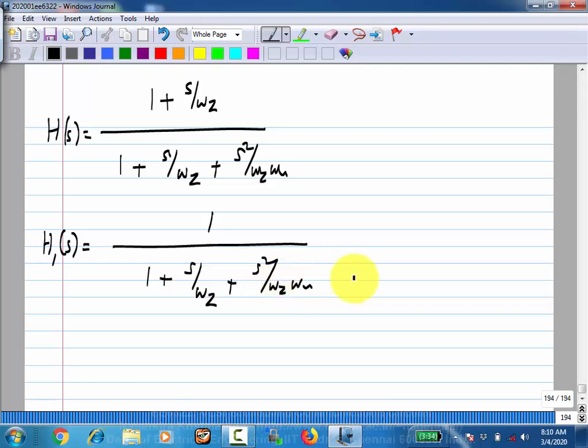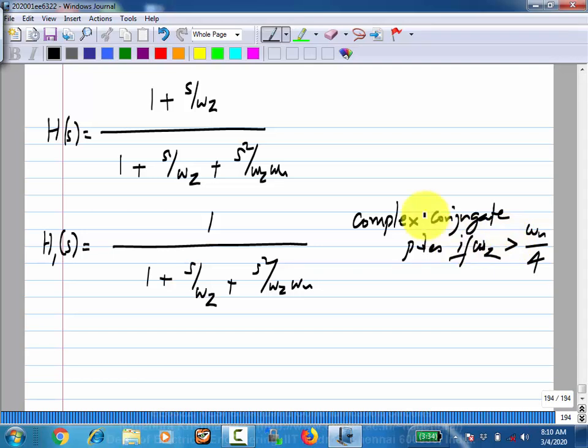Now this denominator will have complex conjugate poles if omega z is more than omega u by 4. Okay, you can calculate the condition from the quadratic.